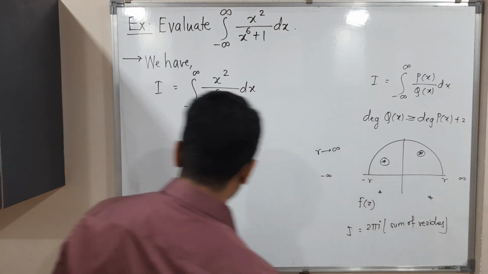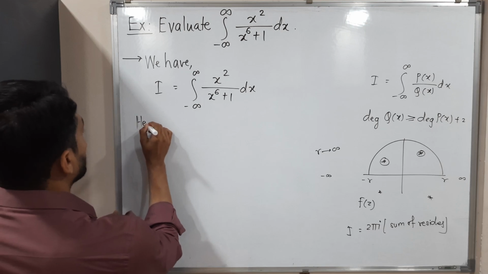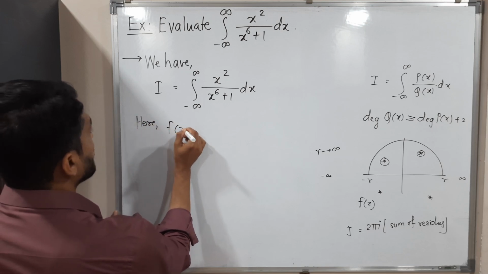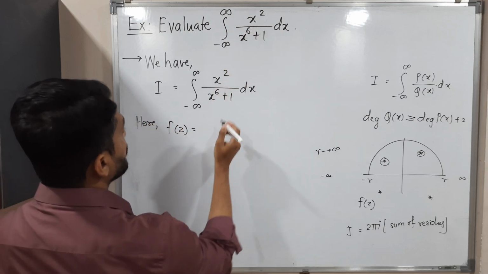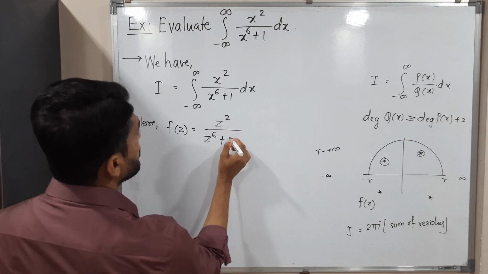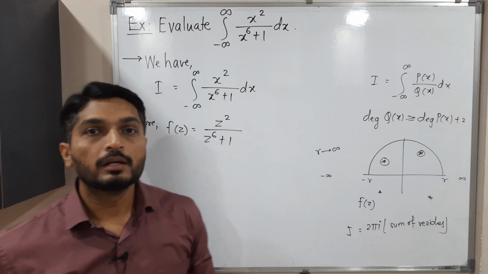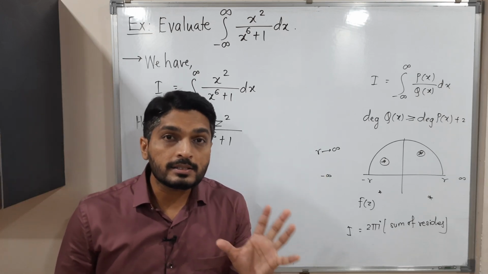Okay, I have already written the integral. So here f of z, that means if you replace x by z, you get f of z equals z square upon z raised to 6 plus 1. Now I will write the entire thing that I told you here: I consider a large semicircle.